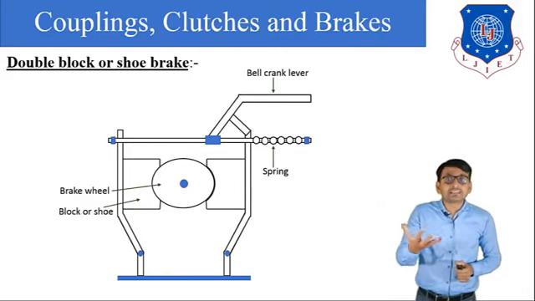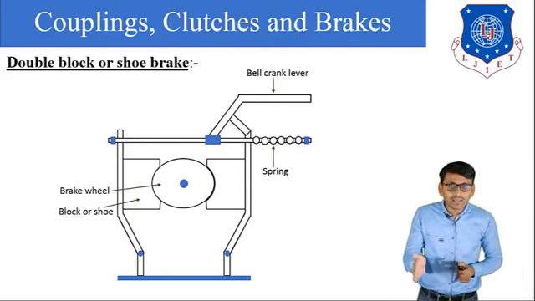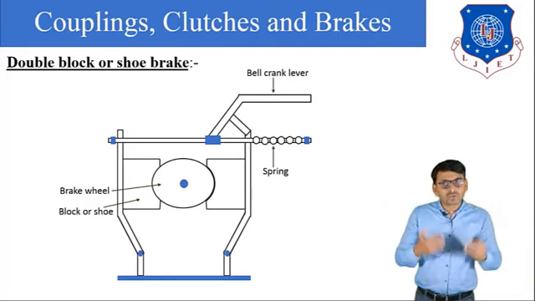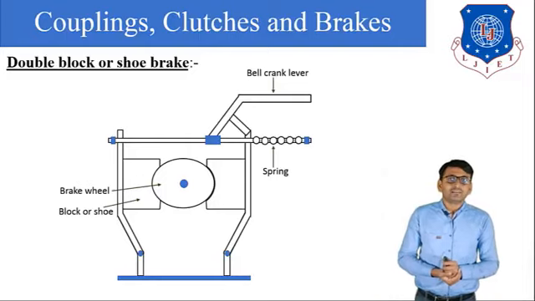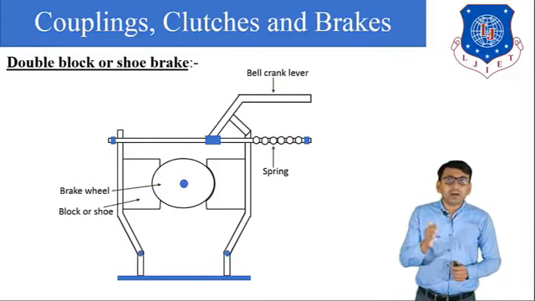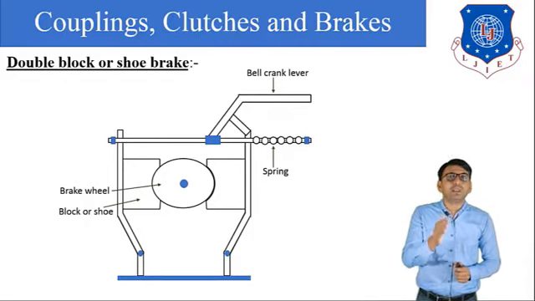So due to friction between wheel and block, the rotation of the wheel stops and speed is controlled. So this is about the double block or shoe brake.